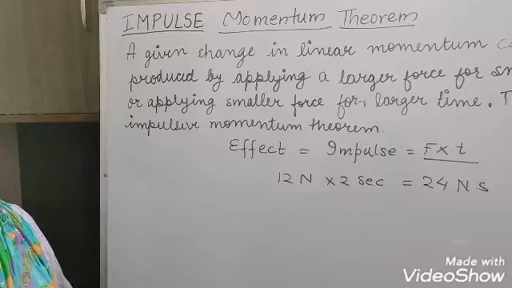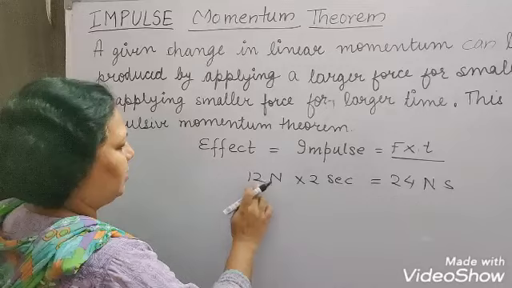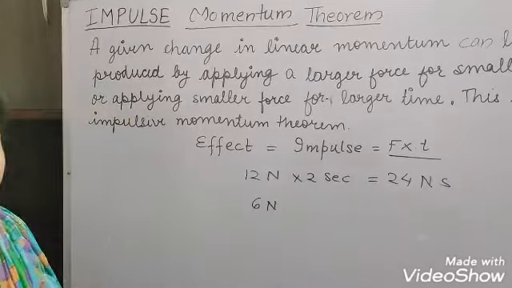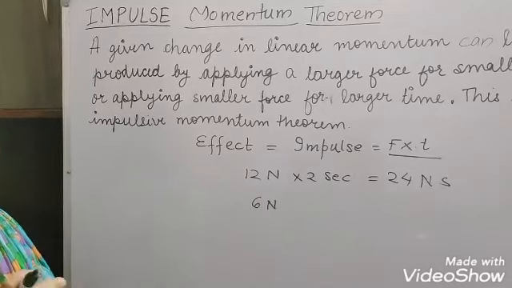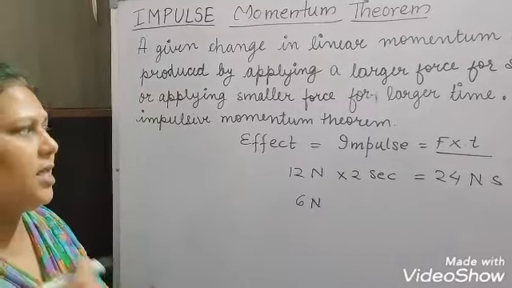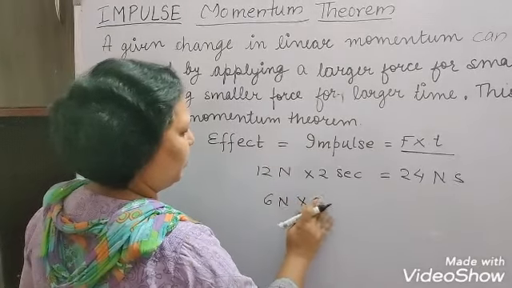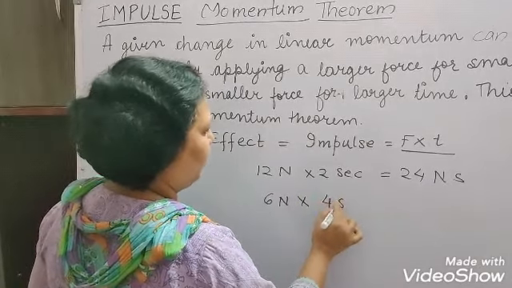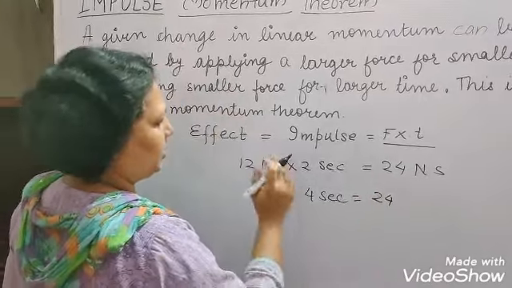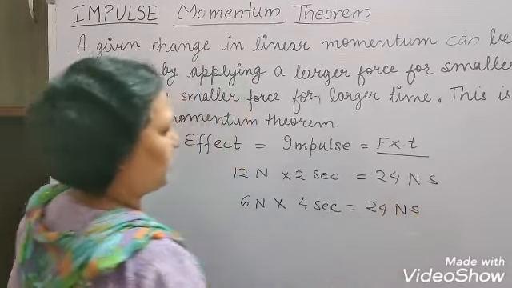Now you can see what I can do. Suppose I take a 6 Newton force. That means the force has reduced to 6 Newton, and I have to produce the same effect, that means the same impulse. So I will multiply this by 4 seconds, and the result will be 6 times 4, that is 24 Newton second.